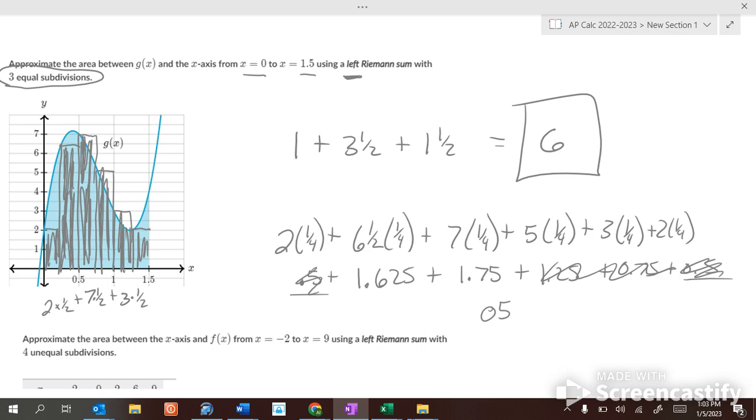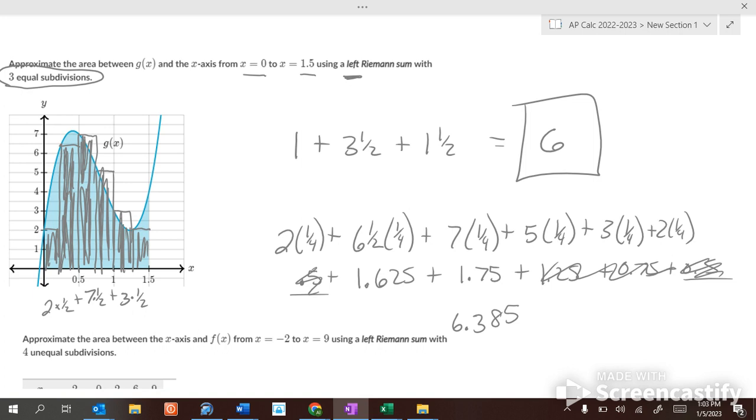So 5, and then 8, and then 3. So it's 6.385. That would be a little more accurate if we divided them up into a little more subdivisions.